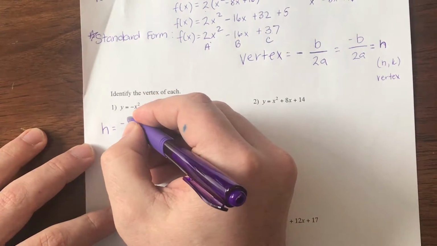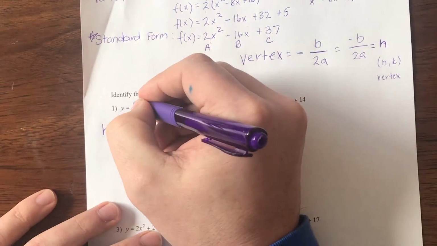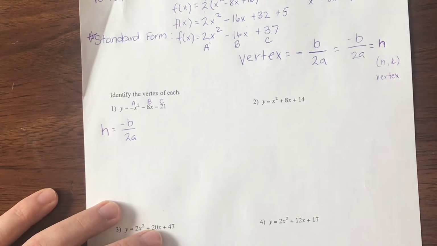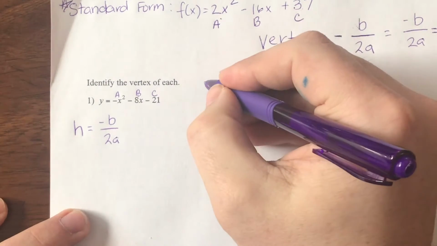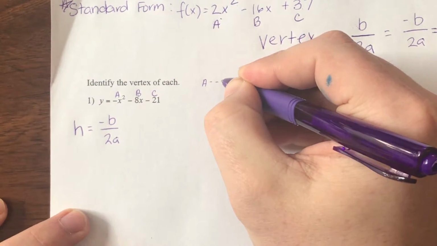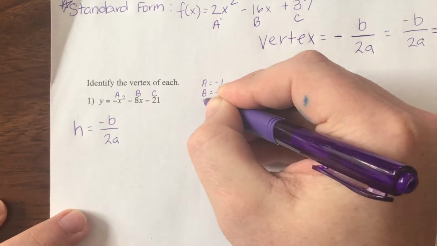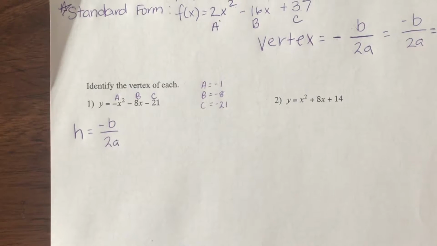I'm going to do the opposite of b over 2a. Some people find it helpful to say a, b, and c, and that's completely fine. Some people will come to the side and say a is equal to -1, b is equal to -8, and c is equal to -21. You use whatever you need to do.